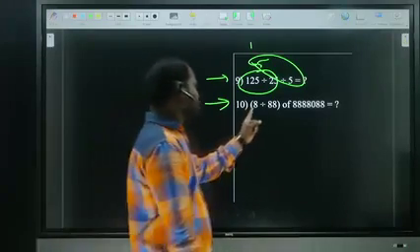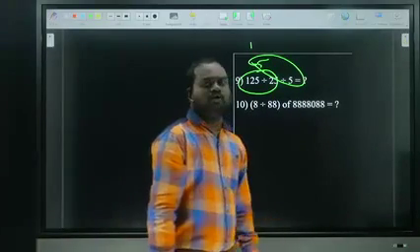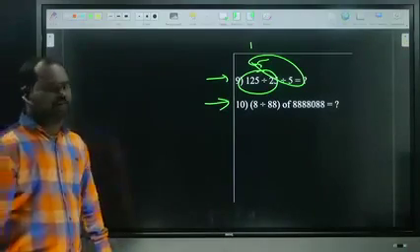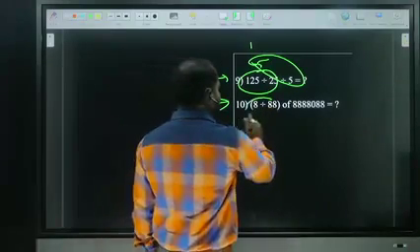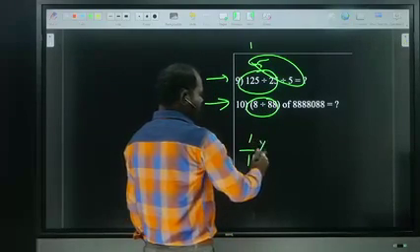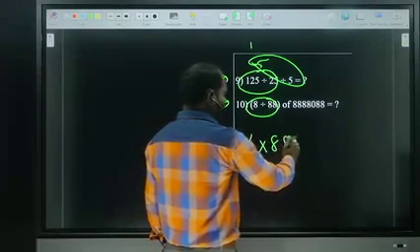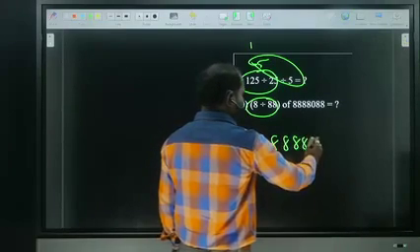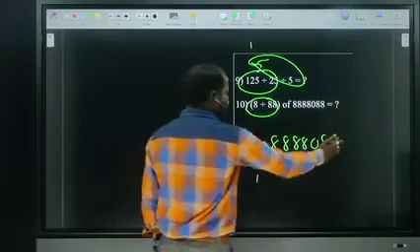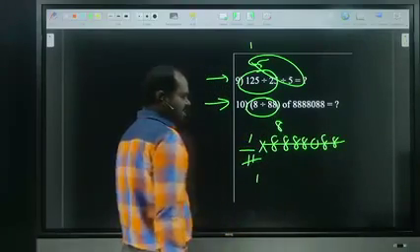Next one, 8 by 88 of double eight, double eight, zero, double eight. As per the BODMAS rule, first preference is for the bracket. 8 by 88 is nothing but 1 by 11, into double eight, double eight, zero, double eight. By cancelling with 11, 11 eights are 88.